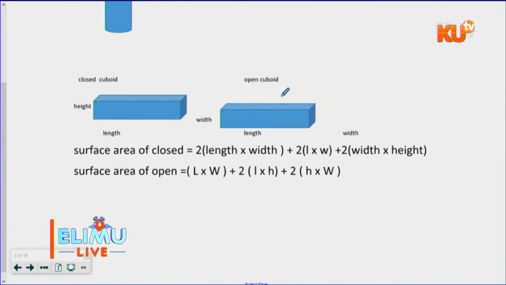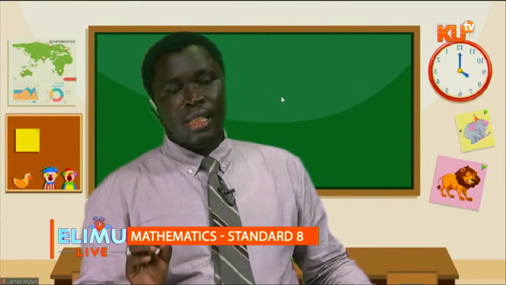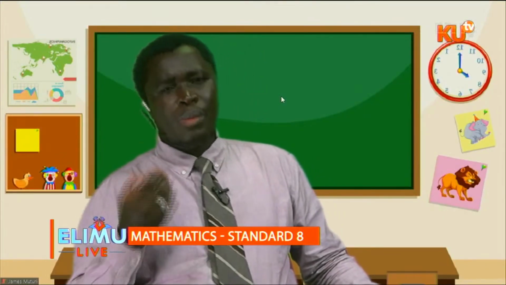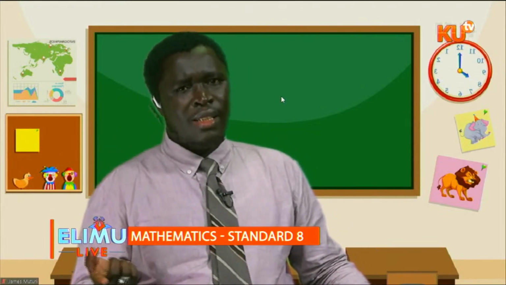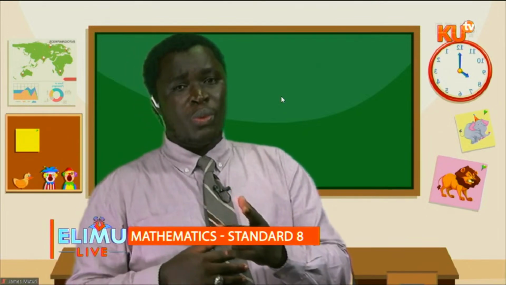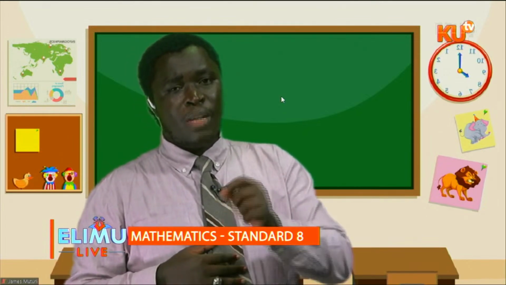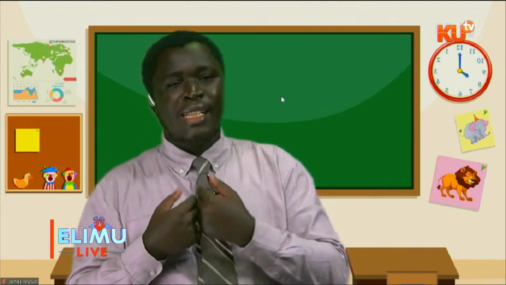So when we'll be calculating the area, we'll be calculating the area minus one face. So not all the faces are going to be multiplied by 2, because one of the faces is missing its twin or its identical face.